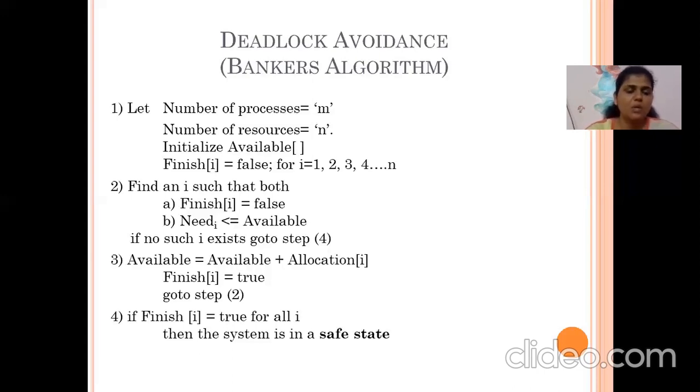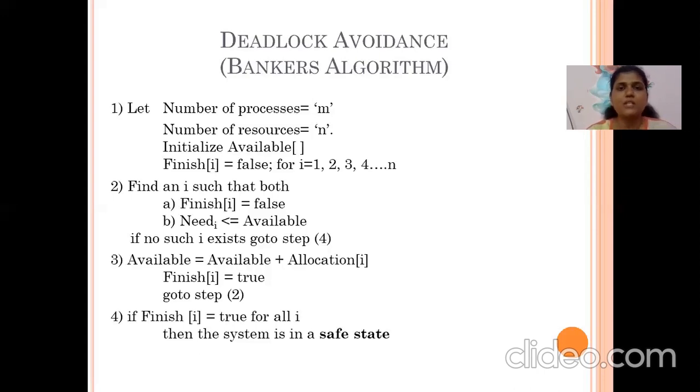After execution, what will the process do? For execution, it will take some resources from available and it will release all those resources after execution. While releasing, it releases all the resources which are already there with it previously and which it has taken from available. So after execution is over, P of I will update the available matrix.